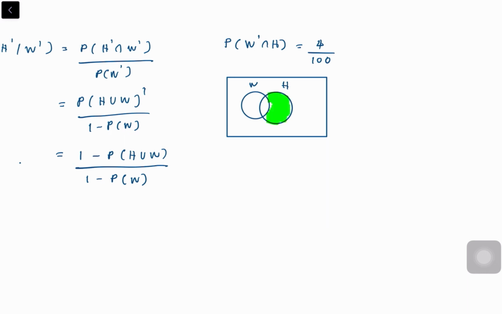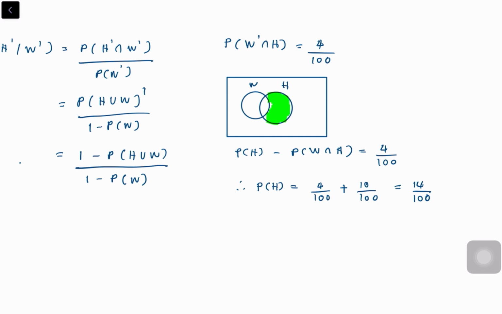So this is equivalent to the probability of H minus the probability of W intersect H, which is 4/100. It means we can find the probability of H, which is 4/100 plus the probability of W intersect H, which is 10/100, and this is equivalent to 14/100.